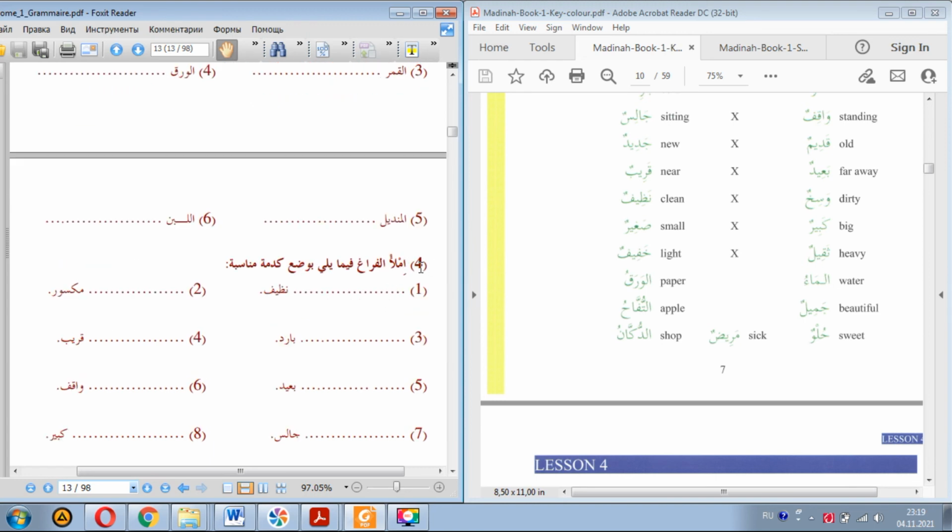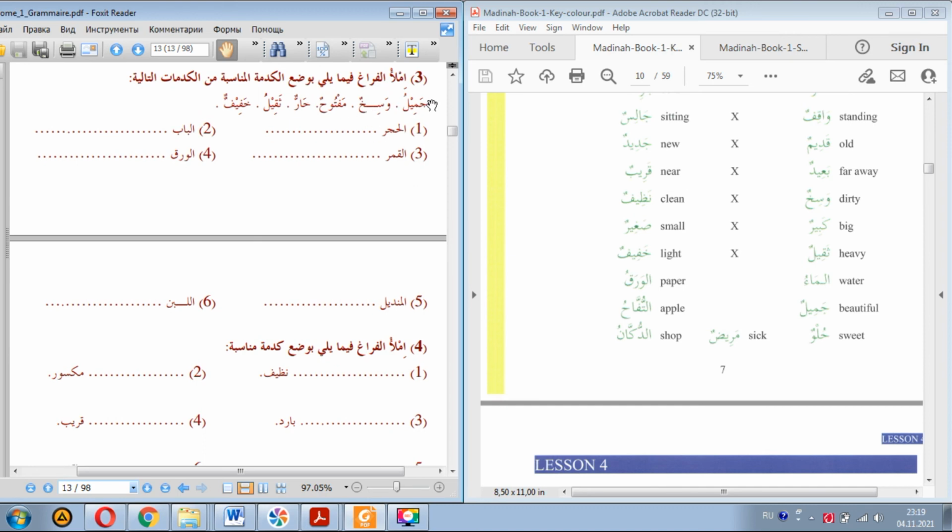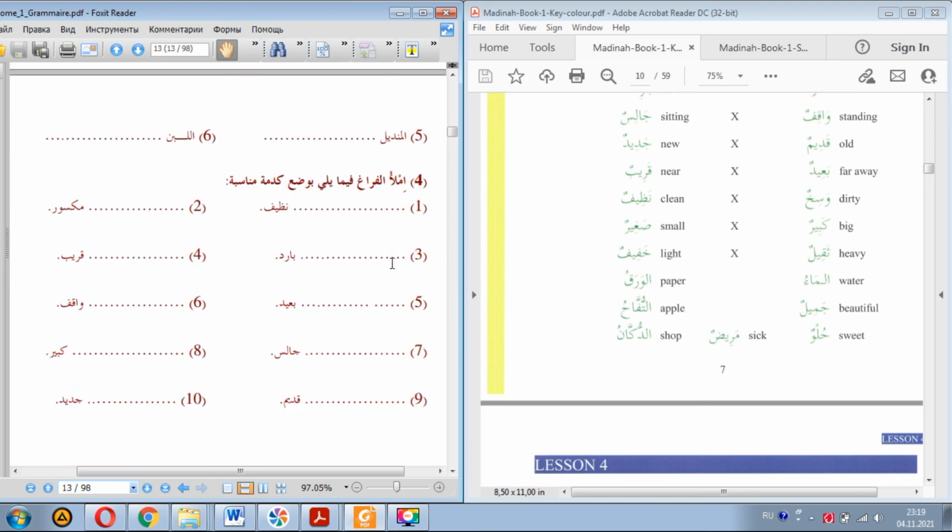And the same exercises here, but in this exercise they were giving us the words that are missing in these places, but here we need to come up with the words that are suitable for these blank spaces. Like nadifun. What could be nadifun?